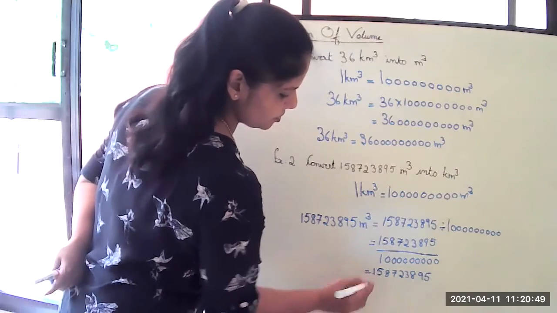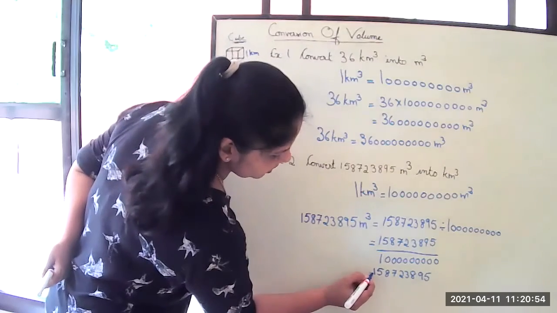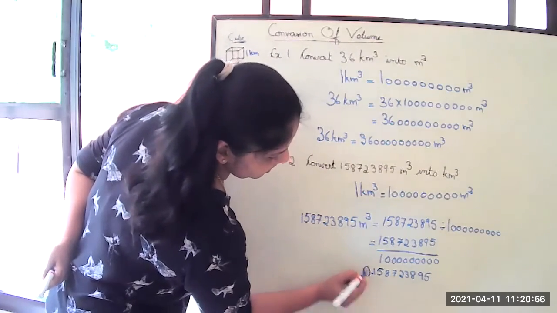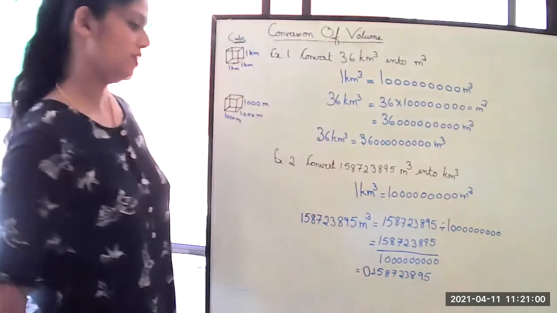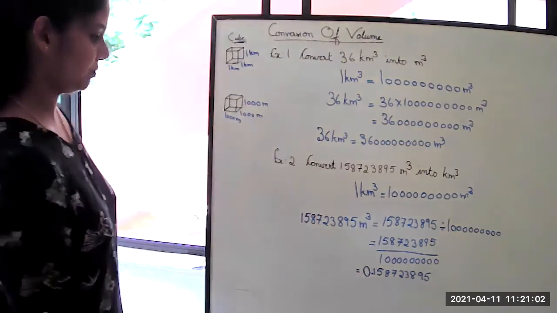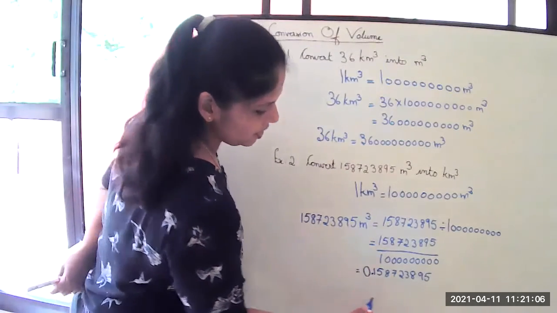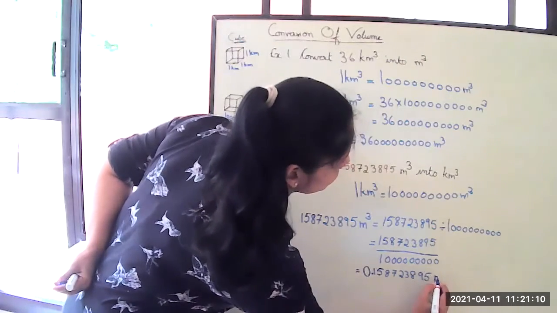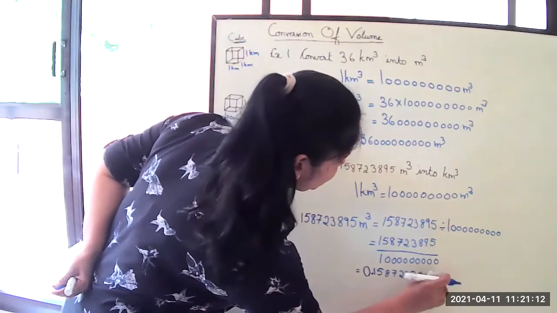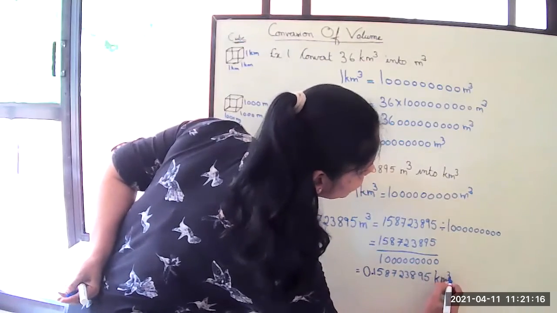Everything is gone, so there should be a decimal point here, and you should add a 0. So the unit should be kilometer cube, not meter cube.